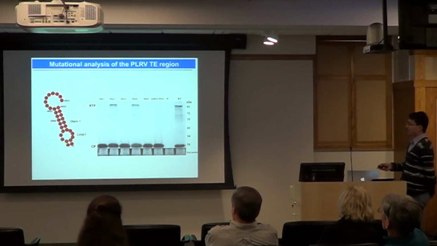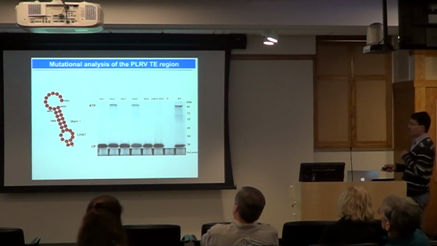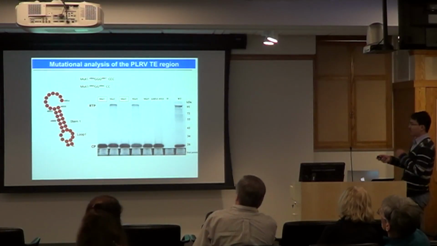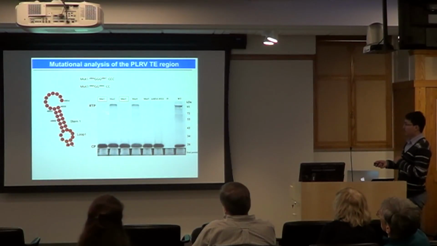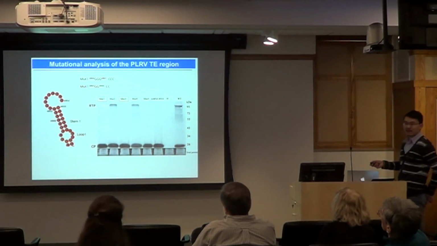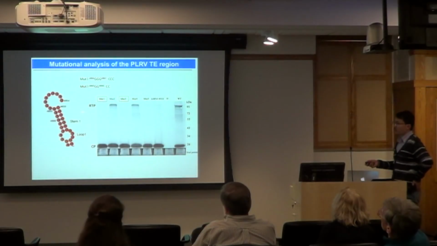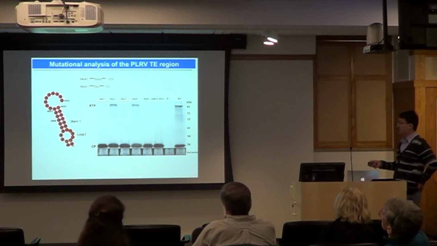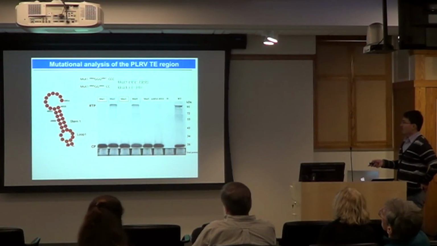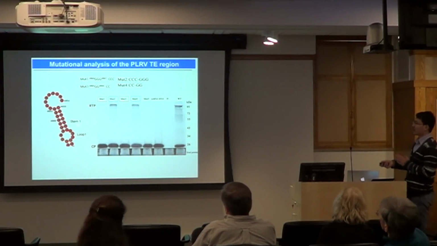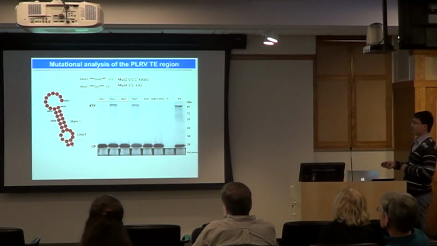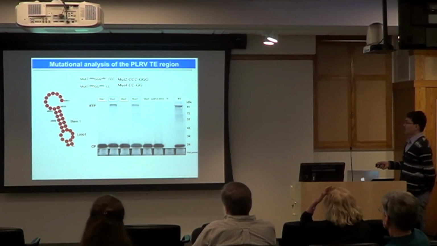For double loop 1, we introduced two mutants in which the stem would be opened up, and RTP translation was detected by Western blot. We found that the translation was severely impaired. However, when we made a complement of the sequence and closed the stem, the RTP translation was restored.